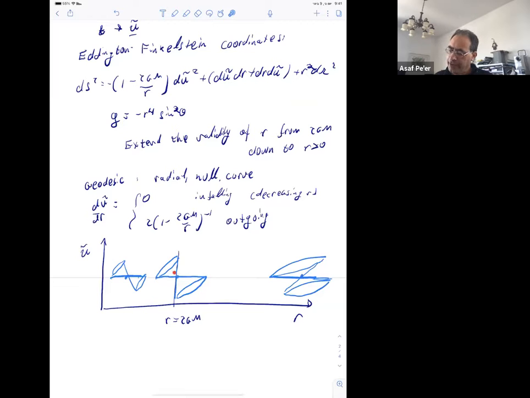All the future directions will always point towards decreasing r. So anything that happens here, the information will propagate only in one direction, which is towards decreasing r, until we reach the singularity at r equal to 0.